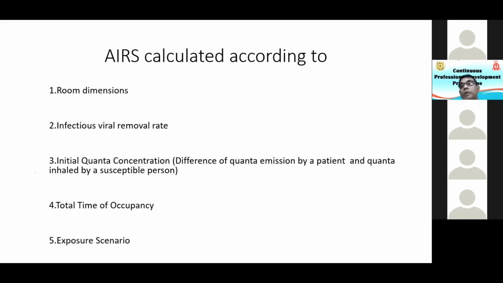If you know quanta emission and the airborne infection risk score, we can actively take steps to reduce transmission. So when you are calculating airborne infection risk score, there are 5 parameters that you have to consider. One is room dimension.